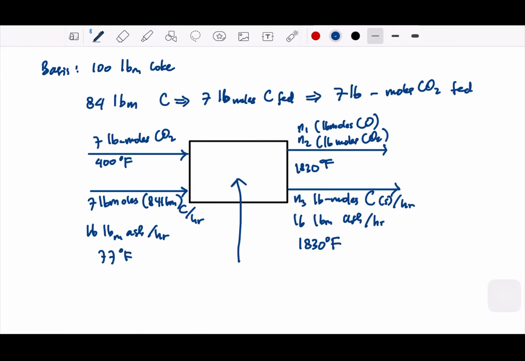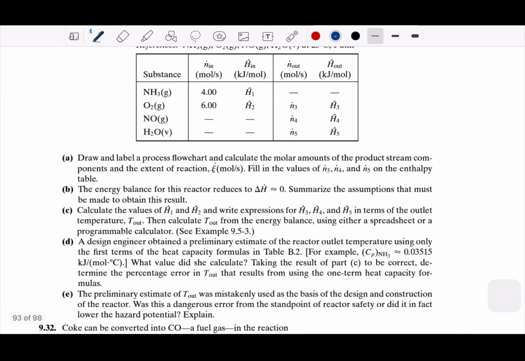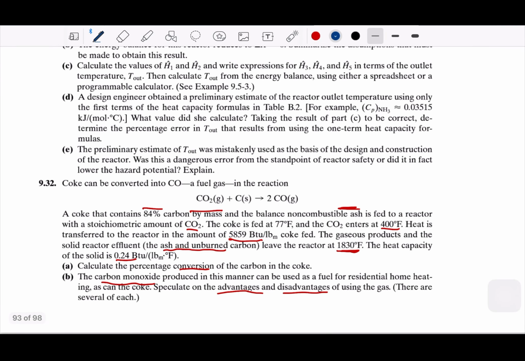And the heat is this, right? Let me read one more time. Okay, because we have 100 mass coke, the carbon is 84, and heat is transferred.